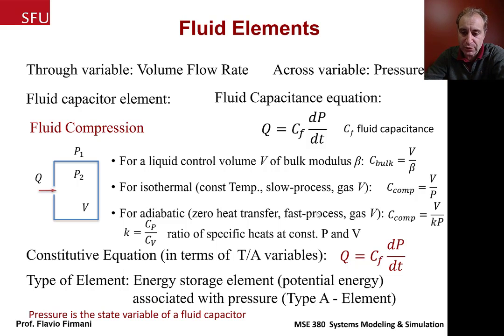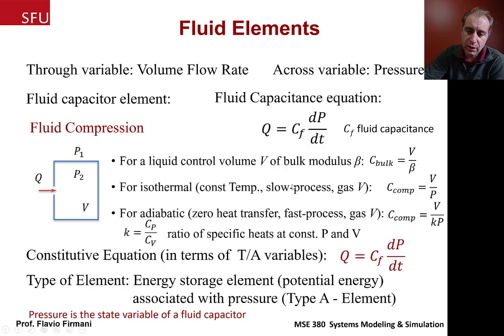It's a fast process for a gas, and again we have a controlled volume V. In this case, the fluid capacitance is the controlled volume divided by K times P, where K is the ratio of the specific heats, Cp over Cv.